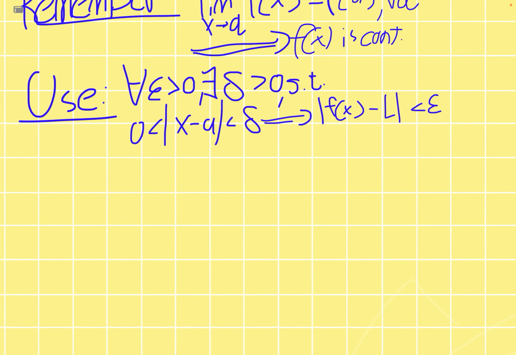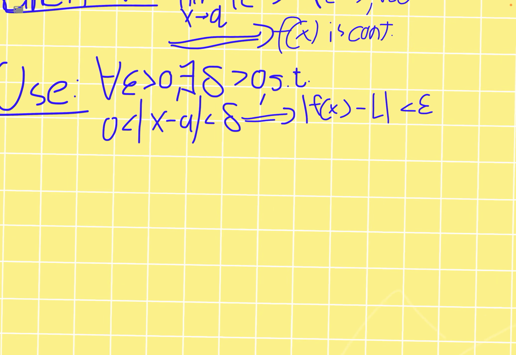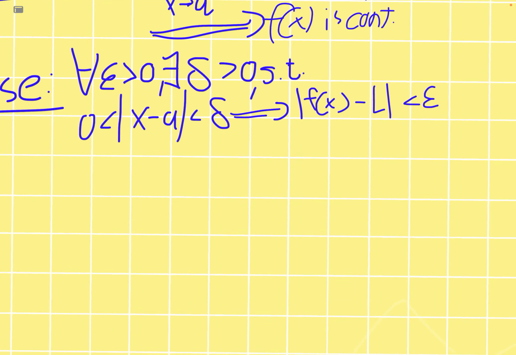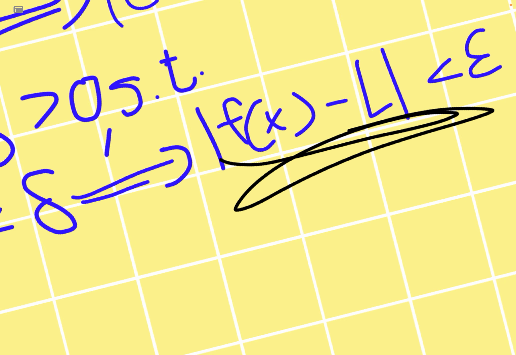And so basically, we can just suppose all of this stuff is true, but then we have to check if this is true.